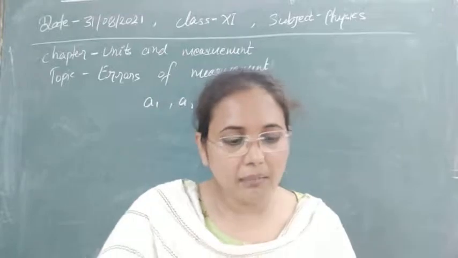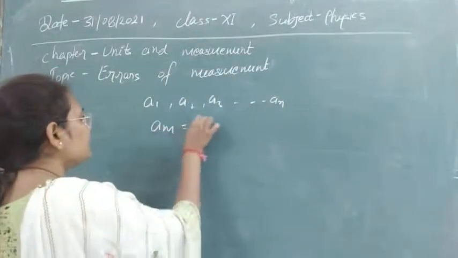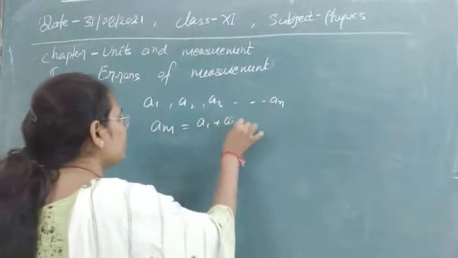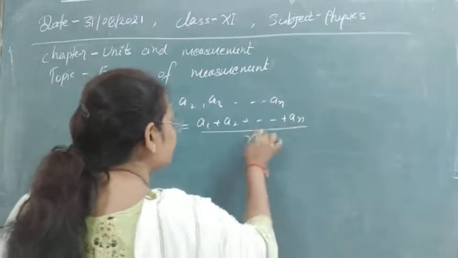The arithmetic mean of these values is Am = (A1 + A2 + ... + An) / n. Clear?